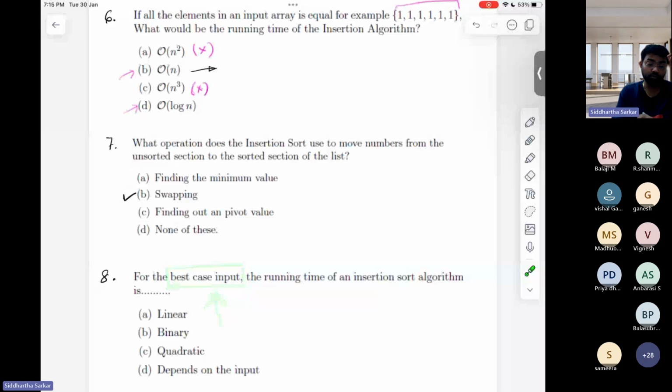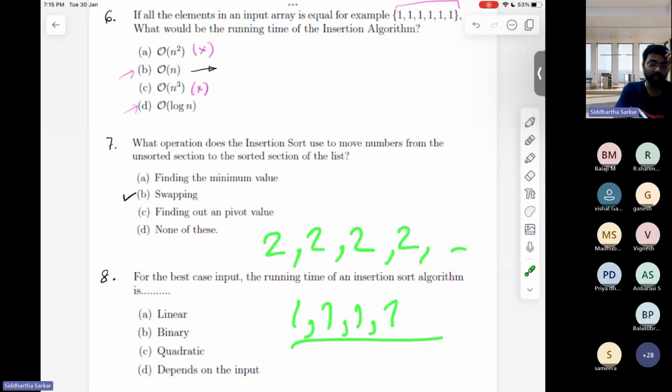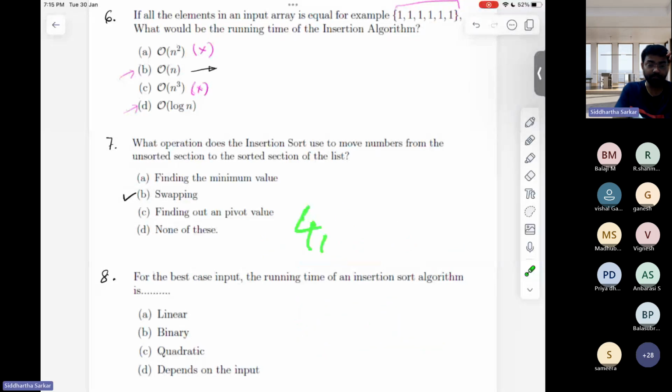And for that input, the running time does not depend on, I mean, if you have this input, or rather if you have 2, 2, 2, doesn't matter. If the numbers are all same, then whatever is the input, it is the best case input. But the running time is going to be linear, as we have seen in the 6th question. Linear means order n. Quadratic means order n squared.